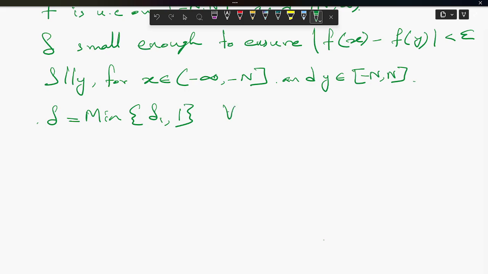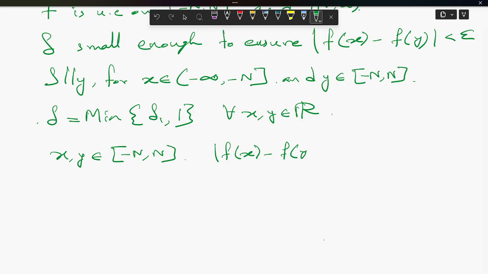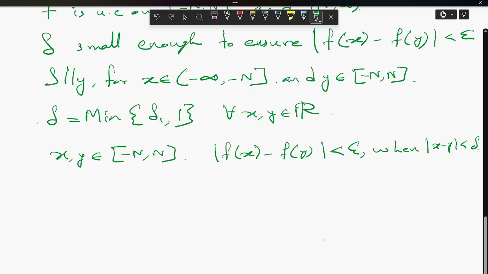Then for any x, y belongs to R, if both x, y belong to the closed interval minus n to n, then mod of f(x) minus f(y) will be less than epsilon when mod of x minus y is less than delta.